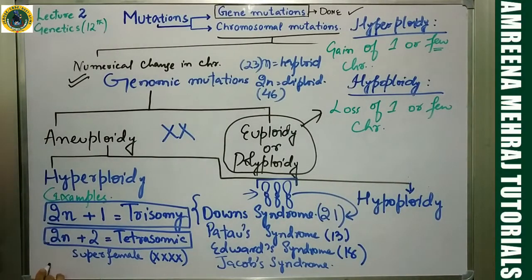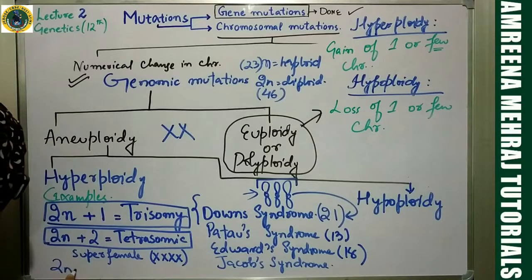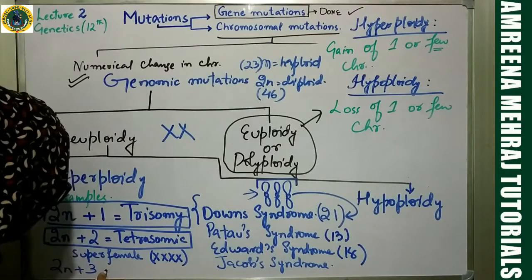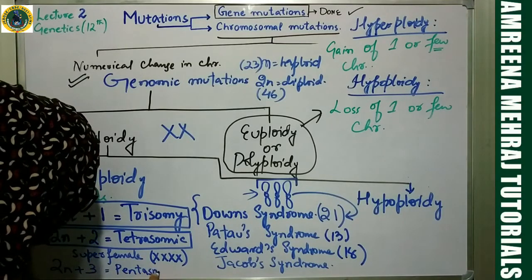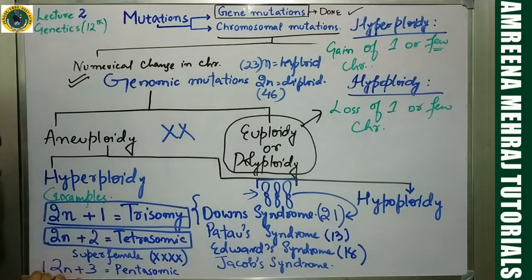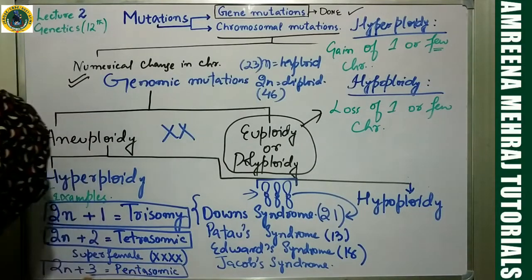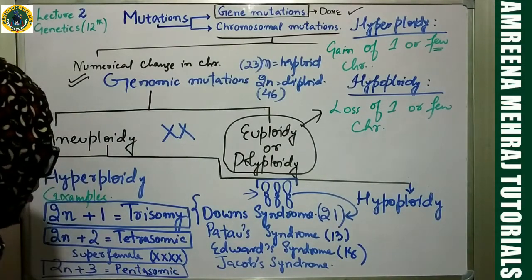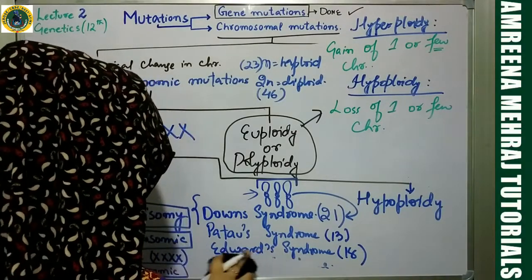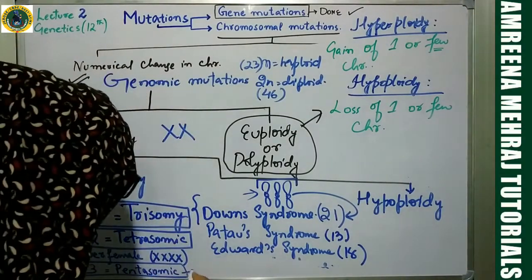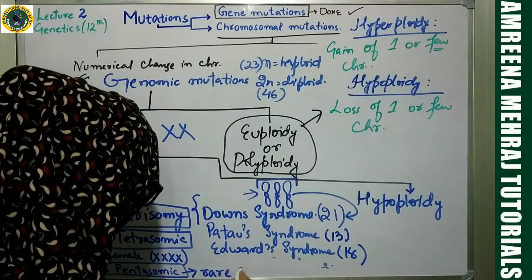Similarly, you have rare superfemales. In them, you will see a condition like this. They have 5 X chromosomes. So the condition will become 2n plus 3. We'll call it a pentasomic condition. You will be able to see the pentasomic condition in rare females.